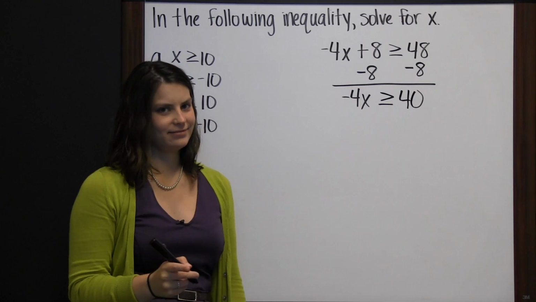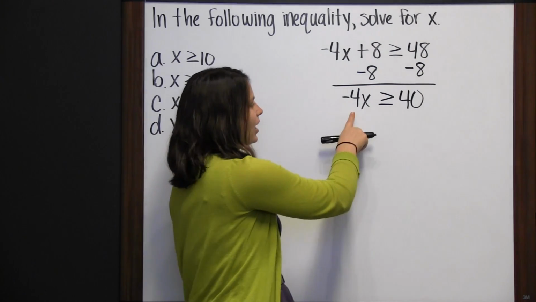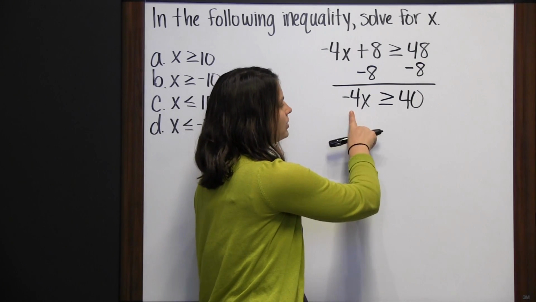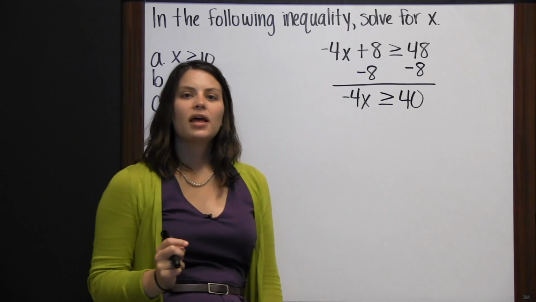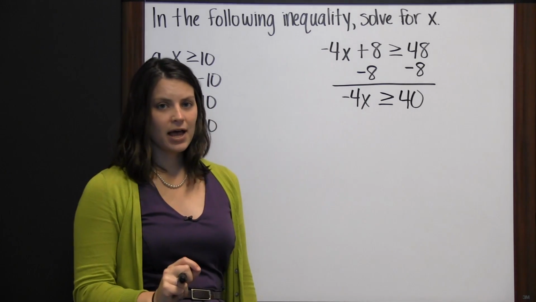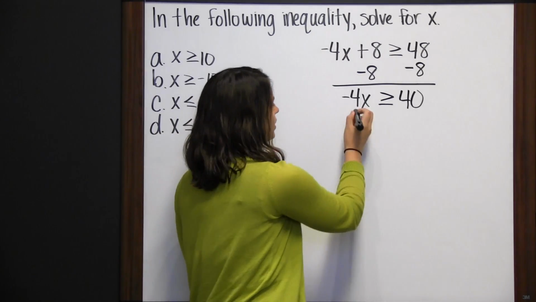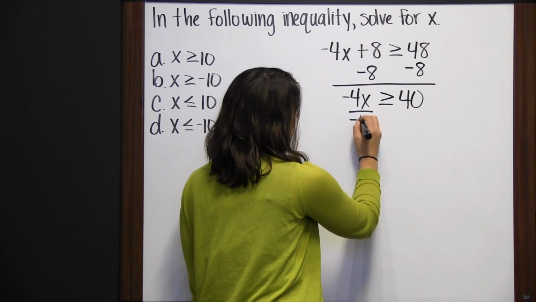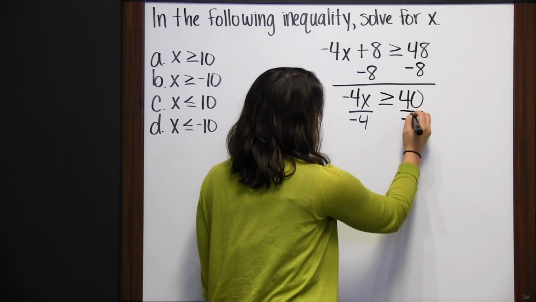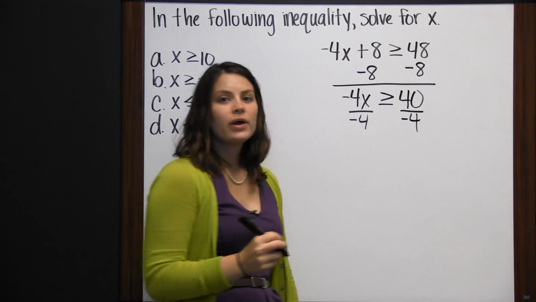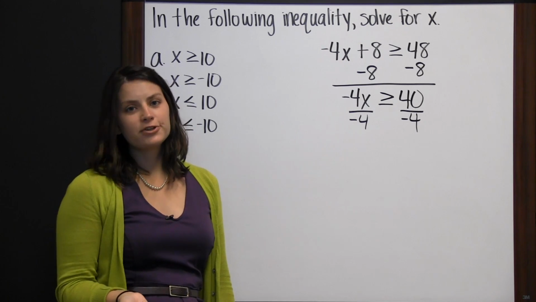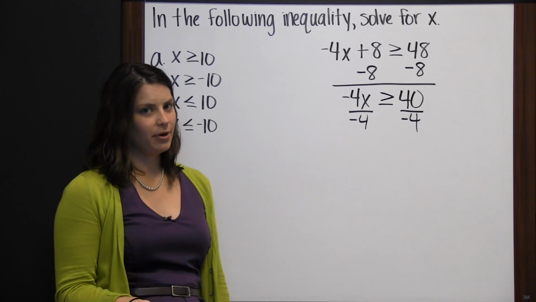And we're almost done. Now we need to undo negative 4 times x. And the opposite of multiplying by a negative 4 is dividing by a negative 4. Now with inequalities, there is a special rule you have to remember.